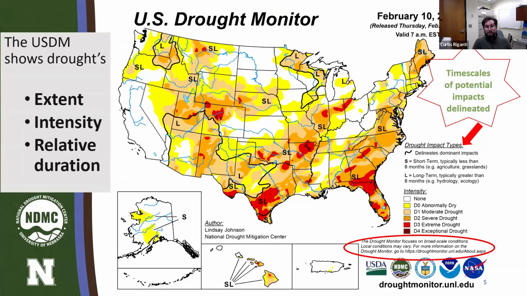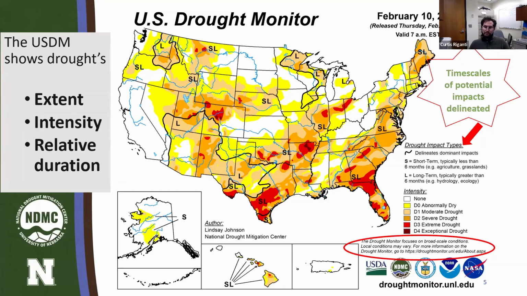So in the short term, conditions may actually be not very dry or even normal or wetter than normal, but there's still a long-term, significant enough dry signal and impact still occurring from a longer-term drought, usually at or above 6 months, that we still want to denote that on the map, but we're going to label that as primary long term. You'll see a lot of SLs on the map here. Hopefully that's intuitive. That's communicating that we're seeing both short and long-term impacts from these drought areas.